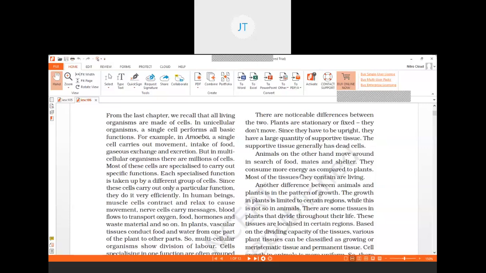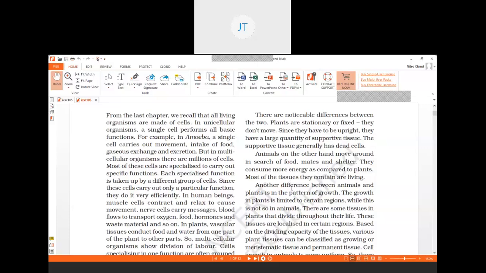They consume more energy as compared to plants. Most of the tissue they contain is living. Most of the tissue, apart from our nails and hair, where there are dead cells, but most of the tissue in our body is living.